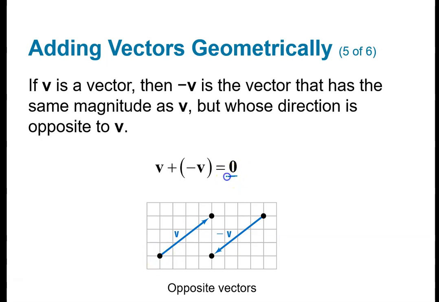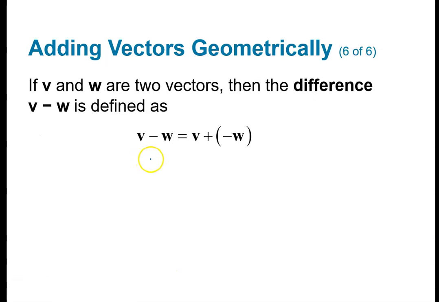So the resultant would be that you didn't move. So vectors have opposites, and multiplying a vector by a negative just switches the direction, a 180-degree rotation of the vector.